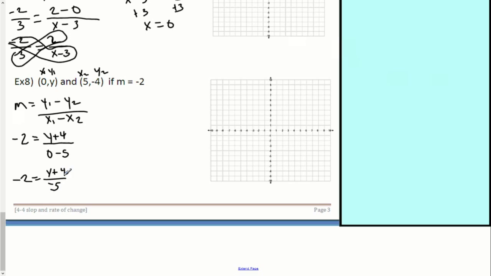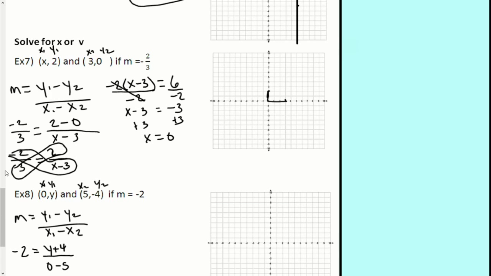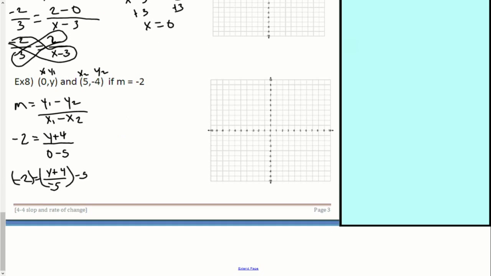Now I could distribute that negative 5 to both things, or I could start off by multiplying both sides by a negative 5. And that's exactly what I'm going to do. Start off by multiplying both sides by a negative 5, right? When I do that, negative 5 times negative 2 is 10, so I get 10 is equal to, those cancel, they make 1, and I get 10 is equal to y plus 4, right?